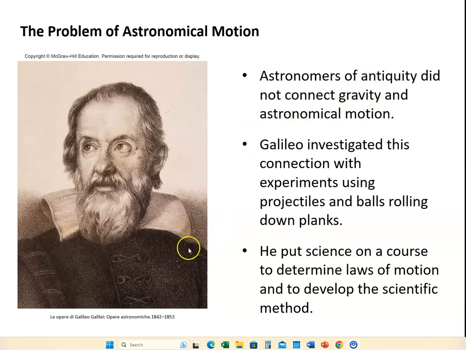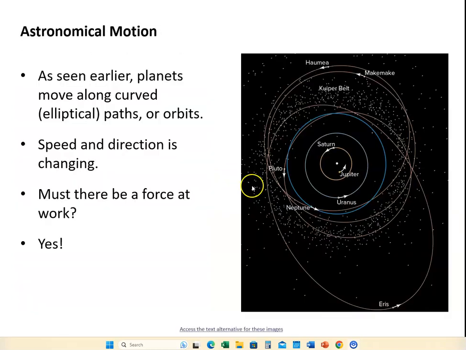Kepler thought of it as magnetism, because somebody had been studying magnetism right around the time of Kepler, or right before Kepler. All right, so this is part of the modern scientific method. You observe nature, you come up with an explanation, and then you perform experiments. These are some of the experiments that he performed.